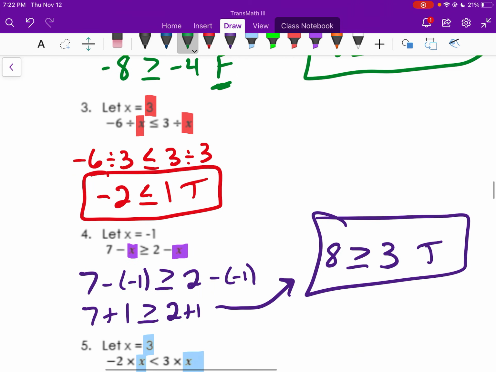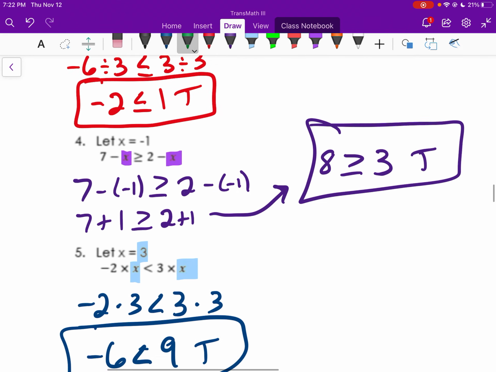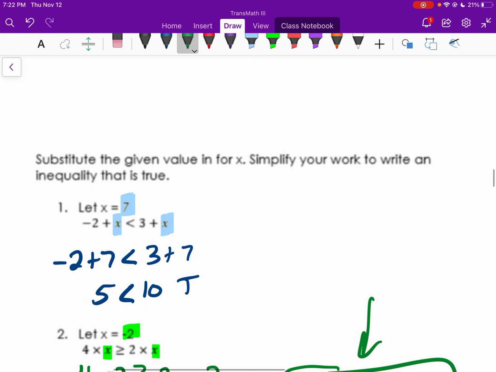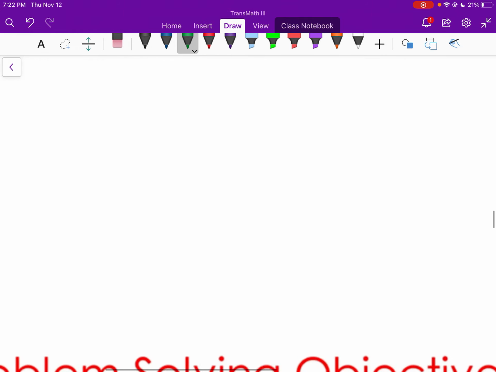Now, on number 4 here, we did have x to be negative 1, but the thing here is we did 7 minus that value. Again, only when you multiply or divide by a negative value, will you have to flip the sign.